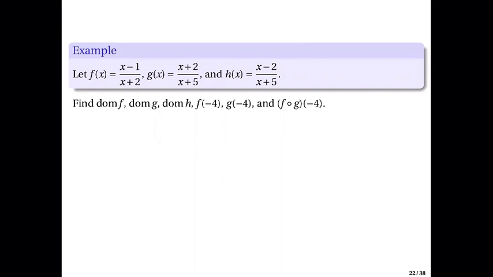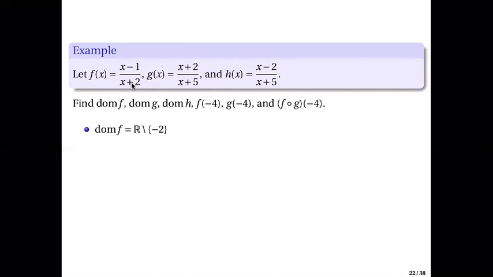Okay, so let's do this. First, we have the domain of f. So this is your f. Notice you have a denominator x plus 2. You don't want your denominator to be 0. But x plus 2 will be 0 when x equals negative 2.